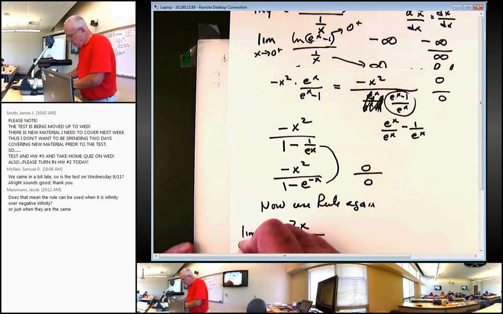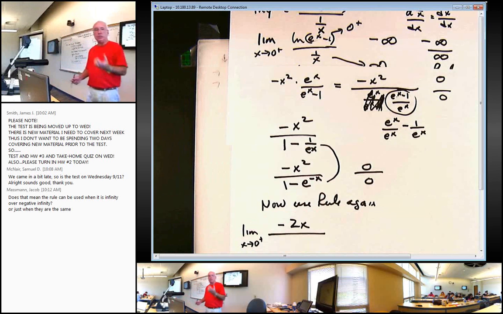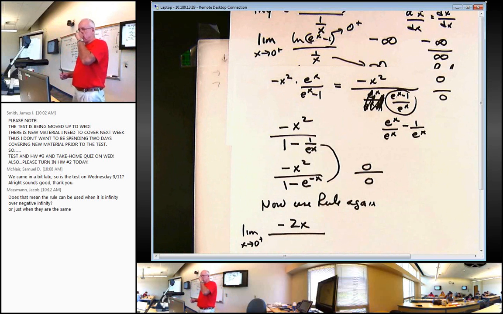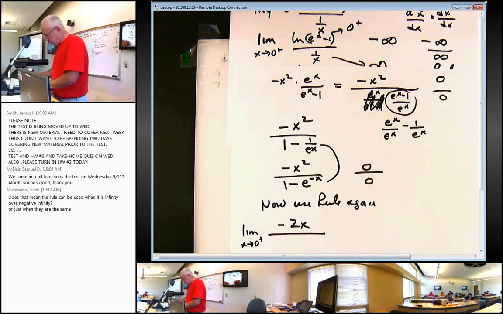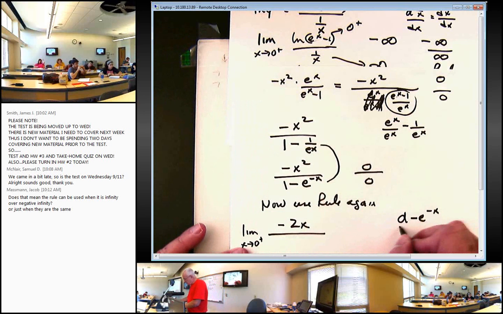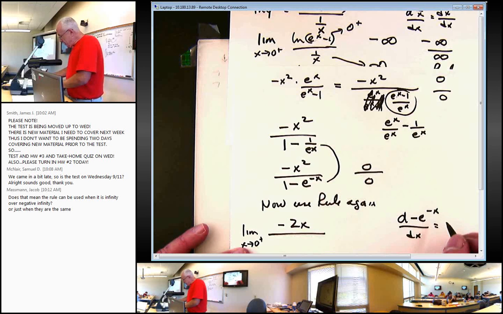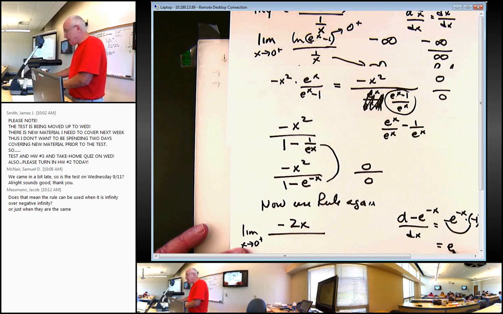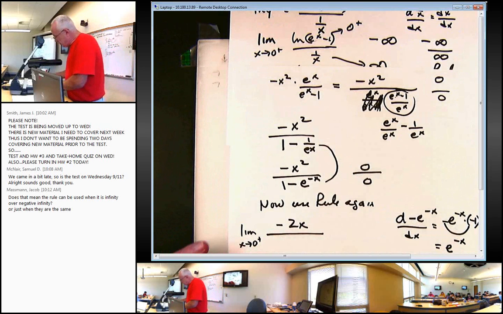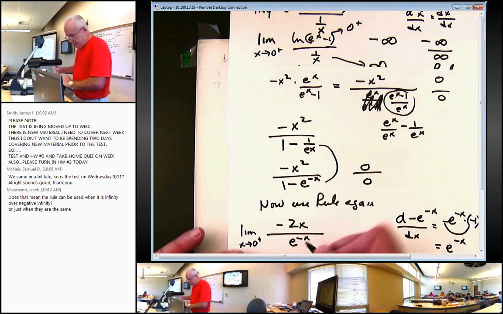On the bottom, the 1 goes to 0, and what's the derivative of minus e to the minus x? Negative e to the minus x times chain rule, negative 1. The two minuses cancel out, so I have positive e to the minus x. That's my derivative of the bottom.